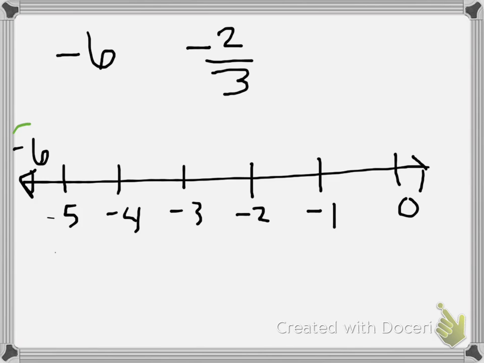My -6 is here. My -2/3 would be about right here. Which one is closer to 0? -2/3 is closer to 0, so -6 is less than -2/3. So when you have two negative numbers, the number that is closest to 0 will always be greater.